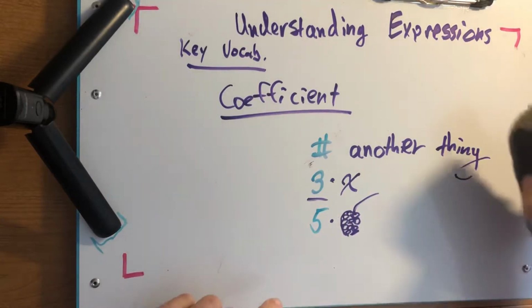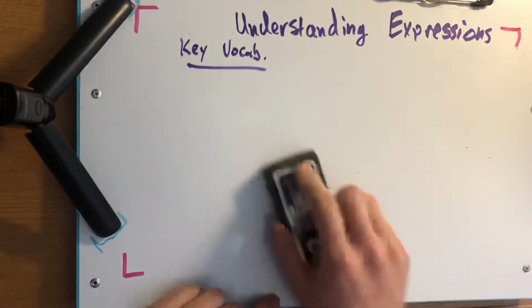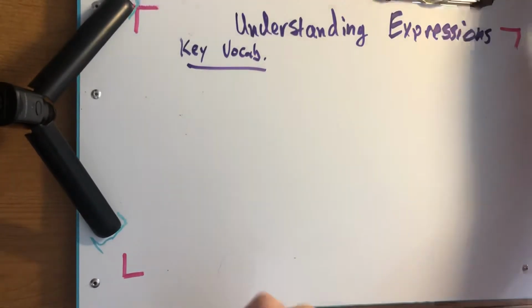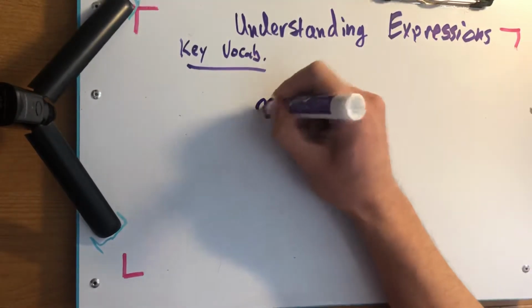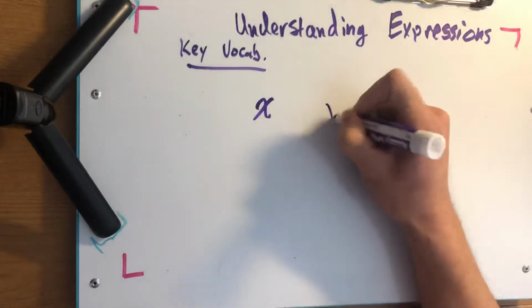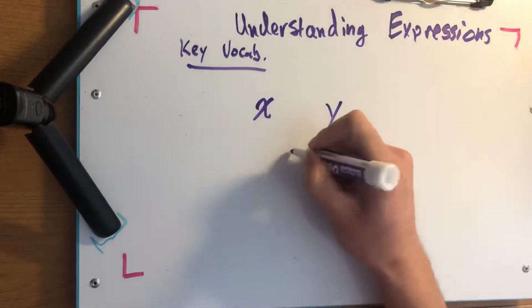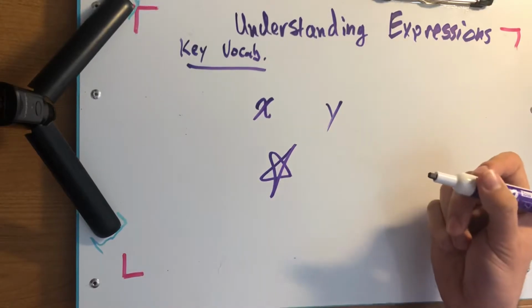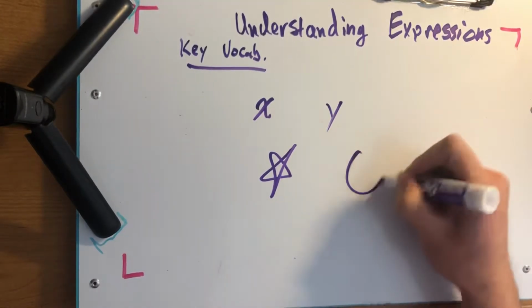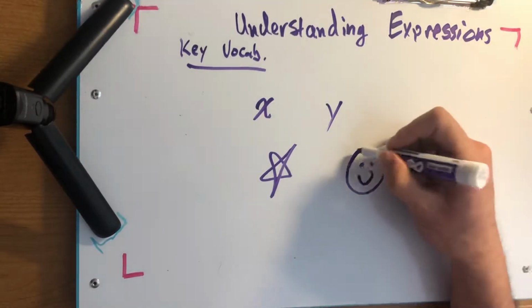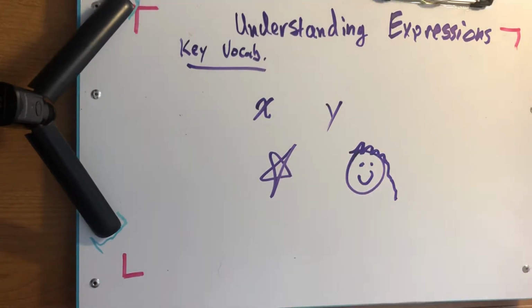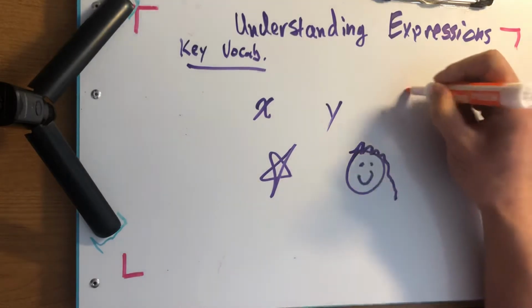Third, we have variables. I'm sure a lot of you probably already know. That's a variable. That's a variable. That could be a variable. We could draw a face with hair. That could be a variable. It could be an orange.